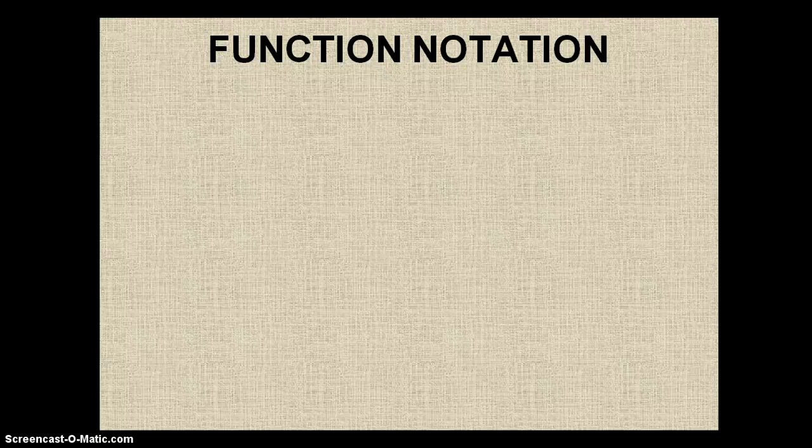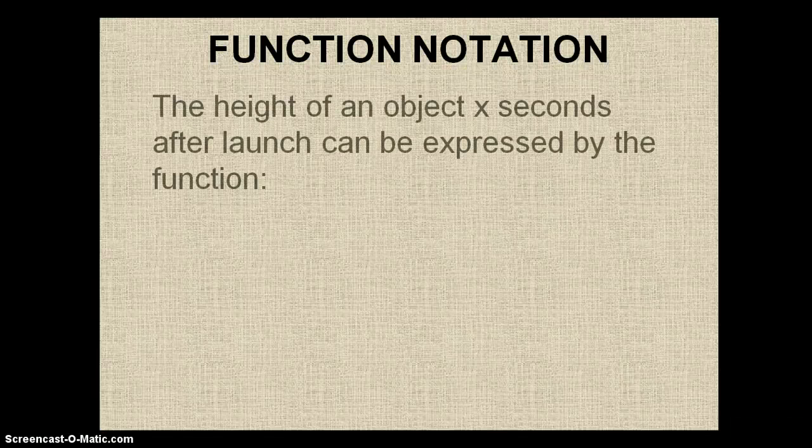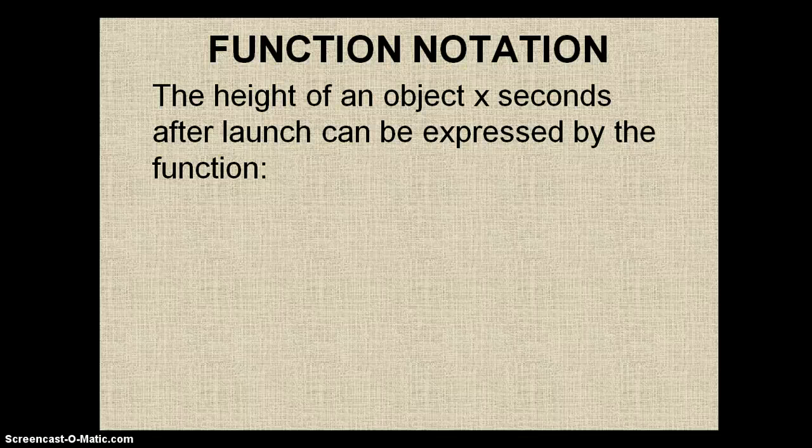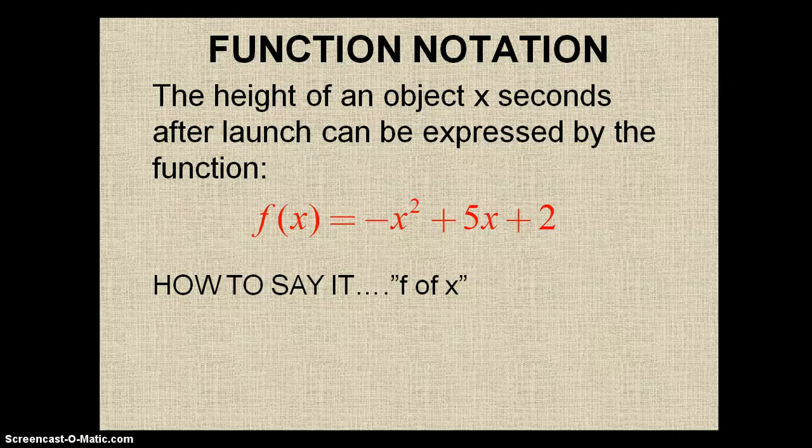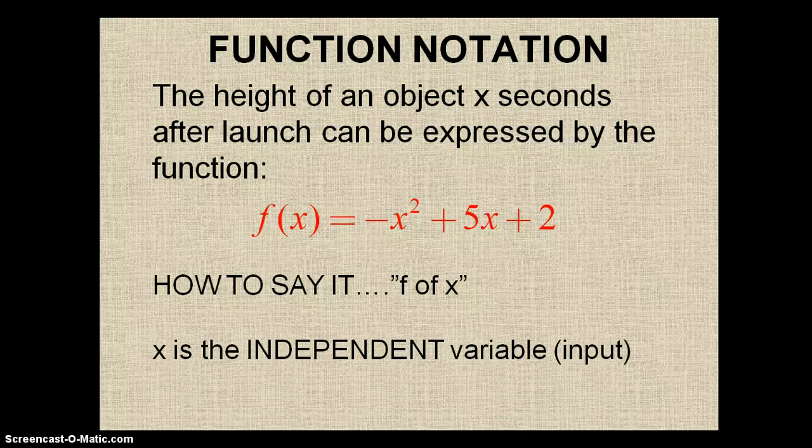Function notation is used in many different ways. If we take a look at a word problem, the height of an object, x seconds after launch, can be expressed by this function. We read this function as f of x, that's how we say it, f of x equals negative x squared plus 5x plus 2. Very similar to our input-output, x is the independent variable. x is our input value.